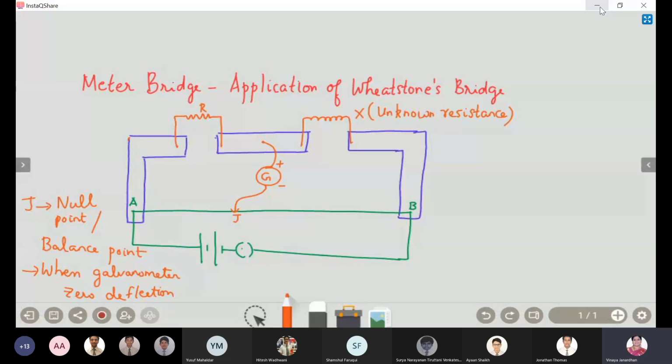The galvanometer shows zero deflection, which means this is the null point. Under this condition, the bridge is set. Let me measure this distance AJ.